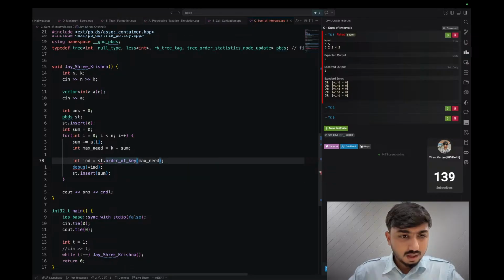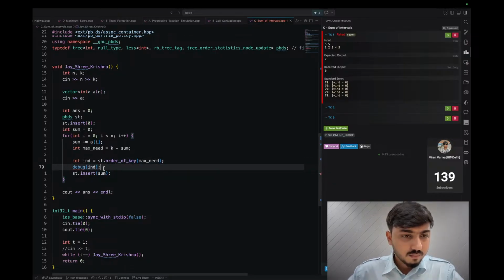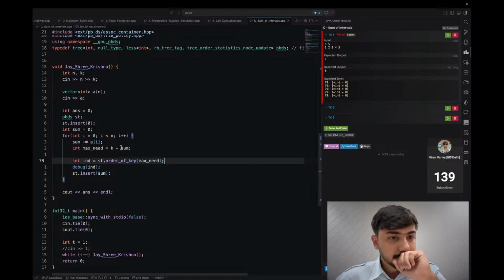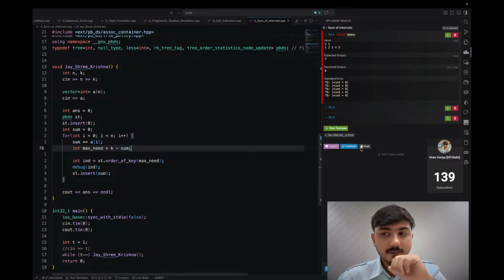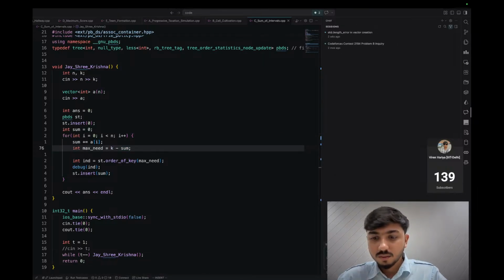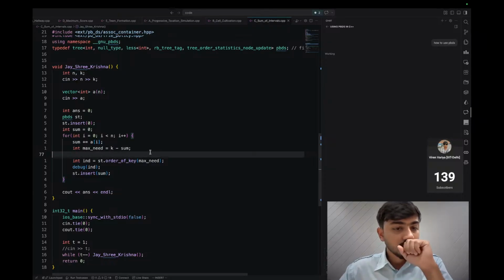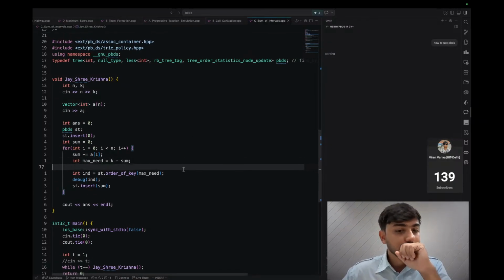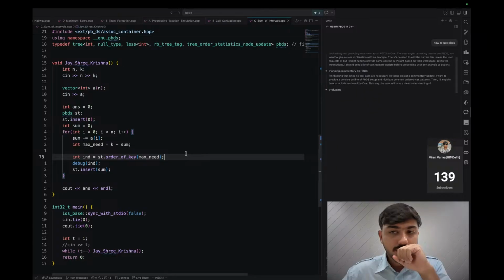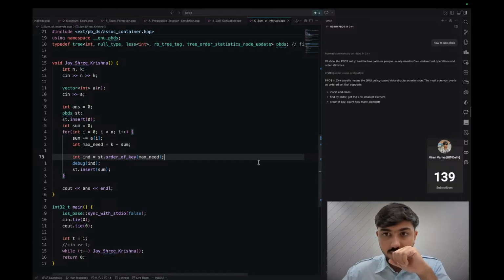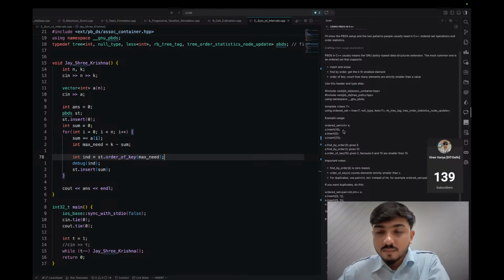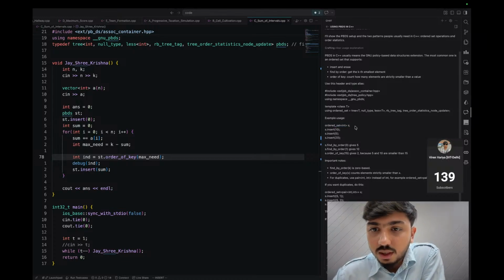Is it order of key or... wait. How to use policy based data structure? Let me just see what has been created.